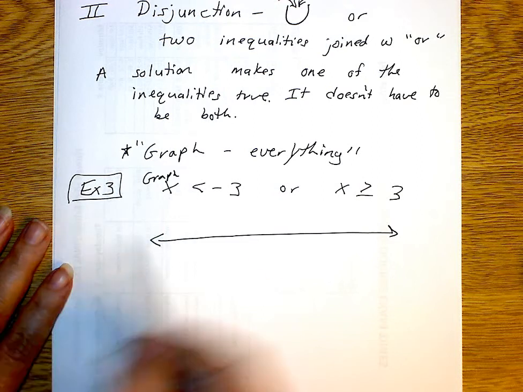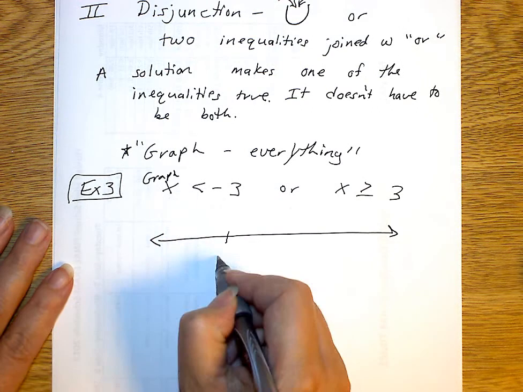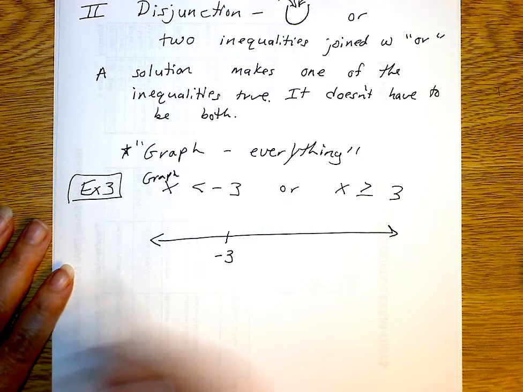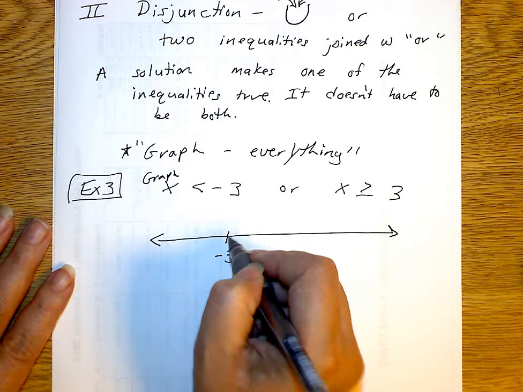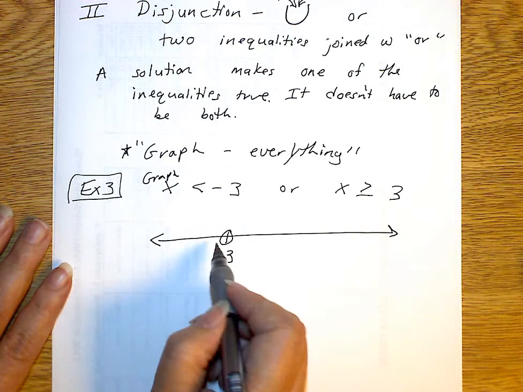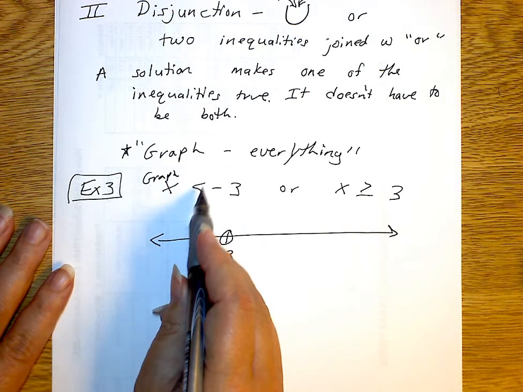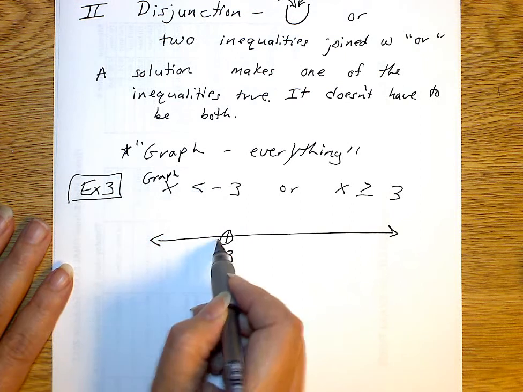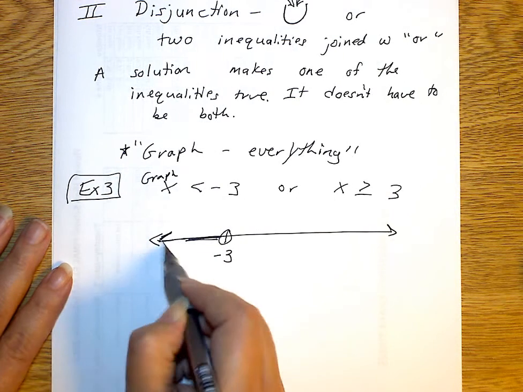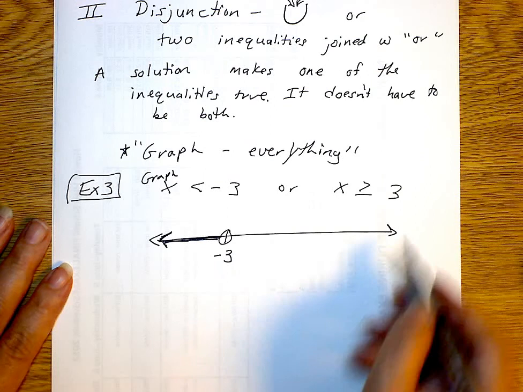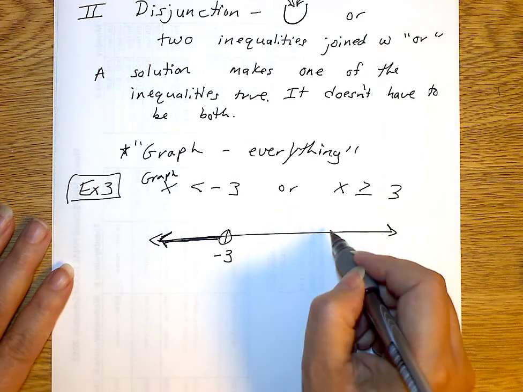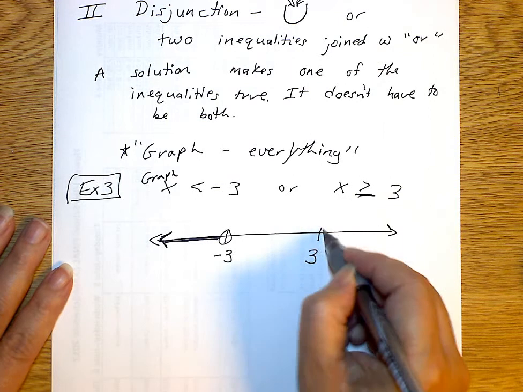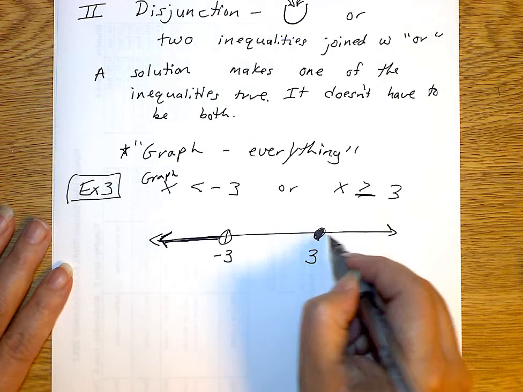So we have negative 3. Is it open or closed at negative 3? Open. And we are shading to the left, always going towards the way that the arrow is pointing. Or we have that it could be at 3 with a closed circle because this line means closed, and we're shading to the right.